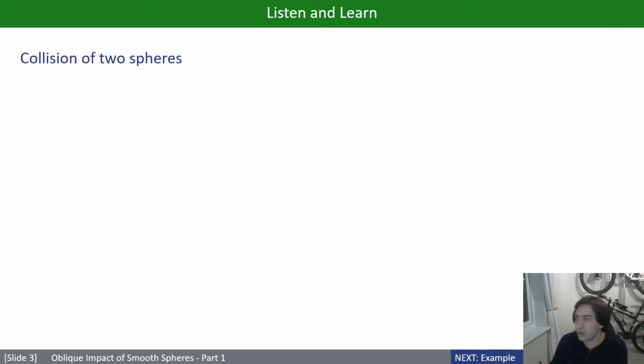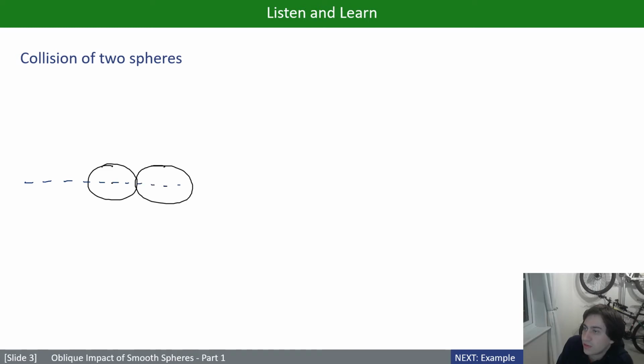So now let's use those two bits of terminology to break down how we're going to calculate the changes that occur when two spheres collide, right? So I'll draw two spheres, and to keep it simple, let's just make it so that the line of centers is horizontal.